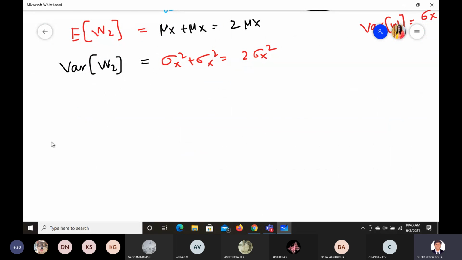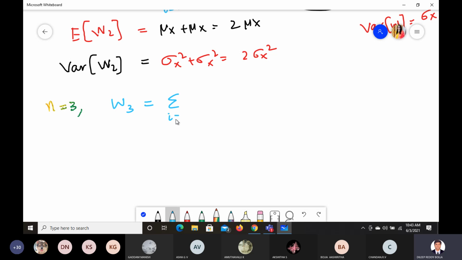The value of n is 3 now. Then I want, what is W3?